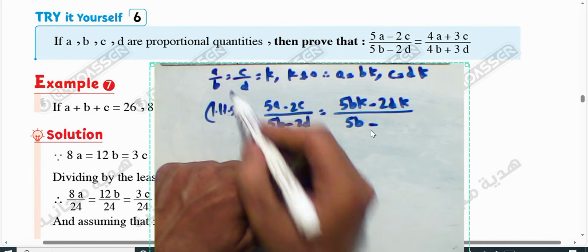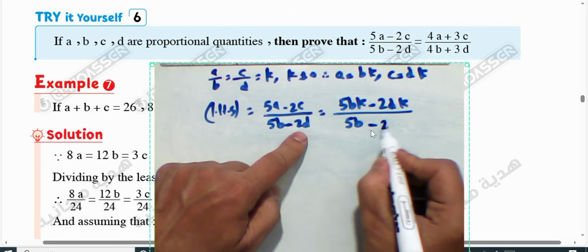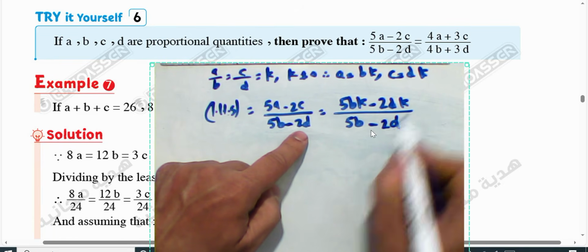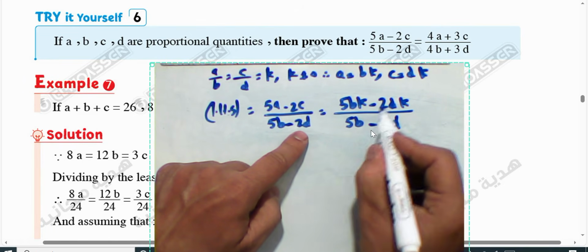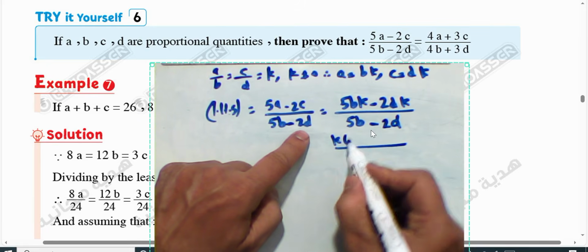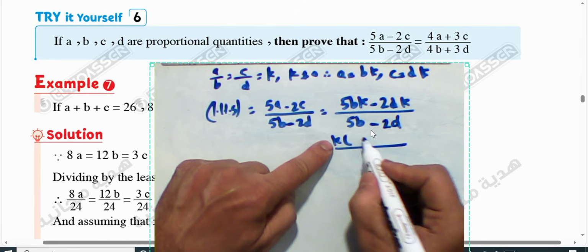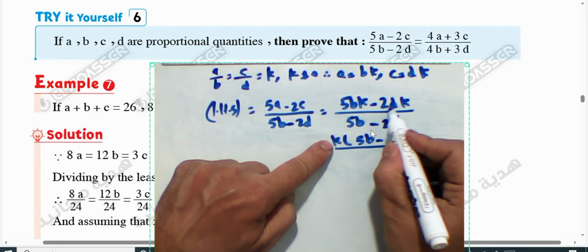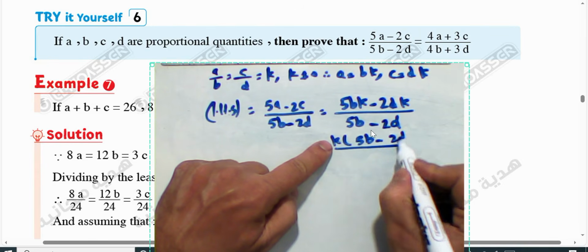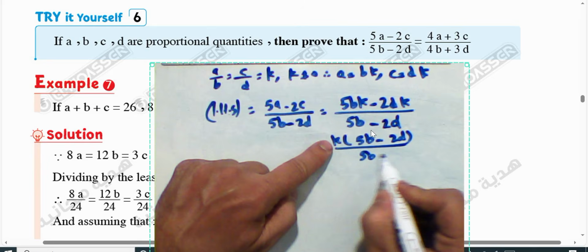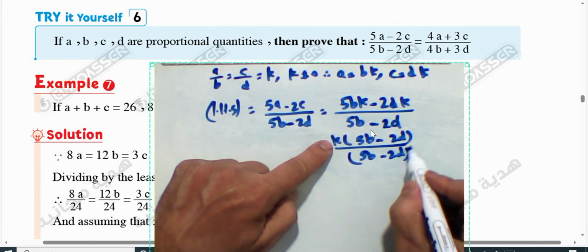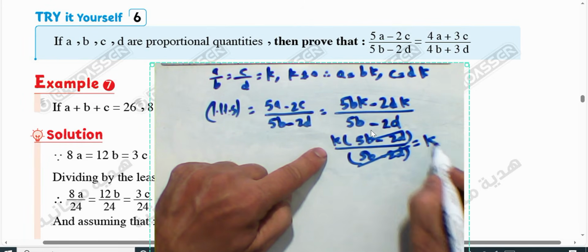Look at b and d constant down. Up we can write k, the highest common factor between the two terms. It's repeating. Write k here. 5bk divided by k equals 5b, subtract 2dk divided by k equals 2d, over 5b subtract 2d. Then we can simplify. The result will be k.